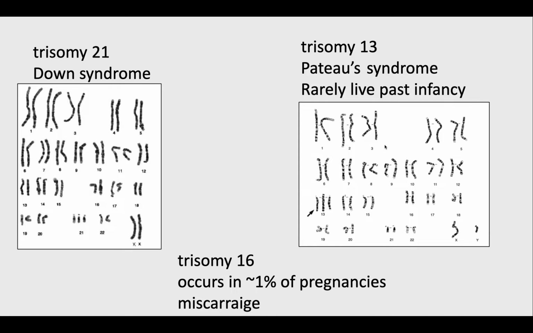We have trisomy 13, also known as Patau syndrome, where we have 3 copies of the 13th chromosome. These individuals rarely live past infancy. We also have the same thing in trisomy 16, which is typically fatal and will result in a miscarriage. So some of these individuals can still live a relatively normal life, but some of these mutations are going to be lethal.